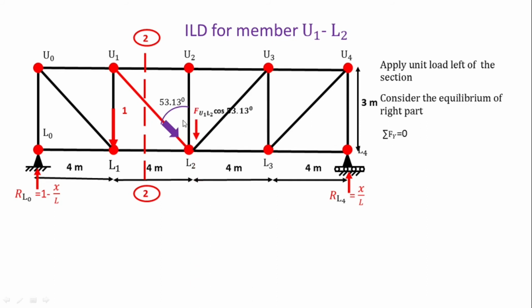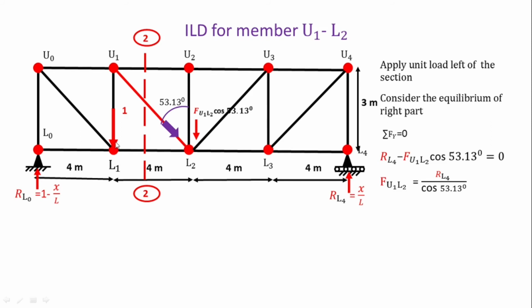The resolution of this force is downward, F U1 L2 cos 53.13. So on the right hand side, only the two vertical forces, this reaction and the resolution of this diagonal member. So the equation is RL4 minus, because of downward, F U1 L2 cos 53.13 equal to 0. F U1 L2 is equal to RL4 divided by cos 53.13.